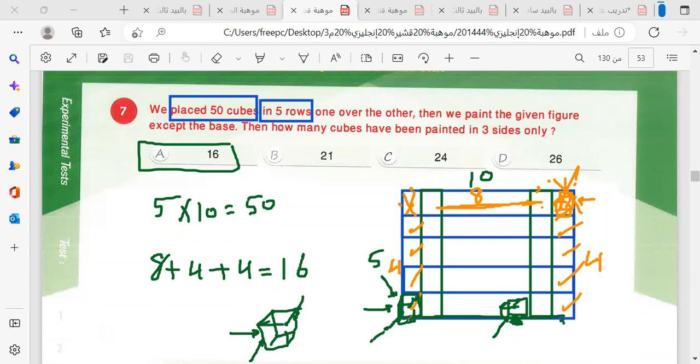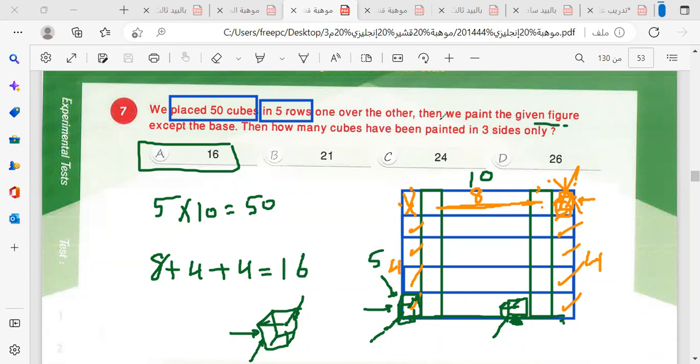Is there a way to get the answer without drawing? I think maybe by imagining. No, by imagining, because you must know how many faces you painted. We said here 3 faces, right? Here 5 rows, one over the other.